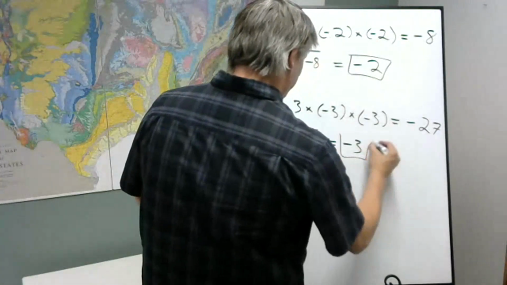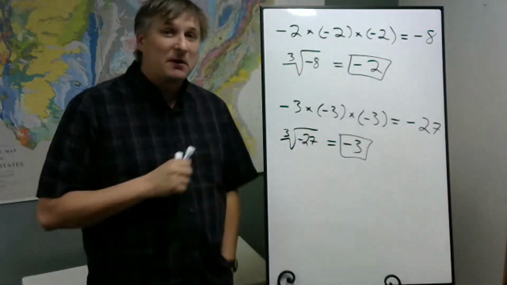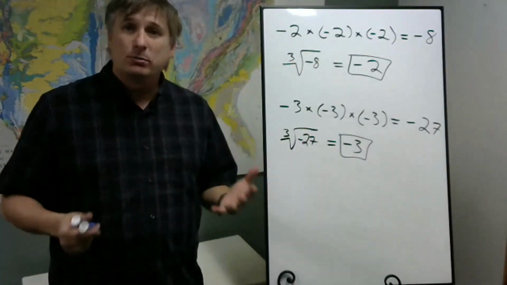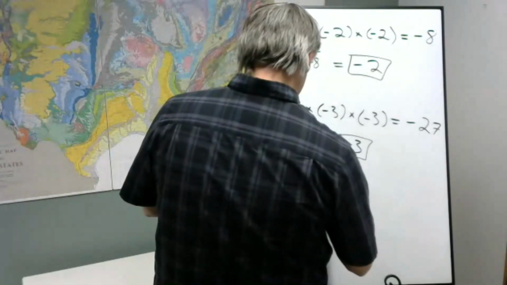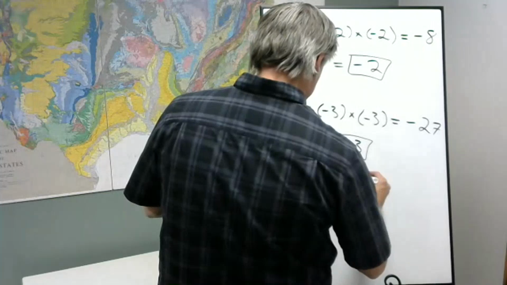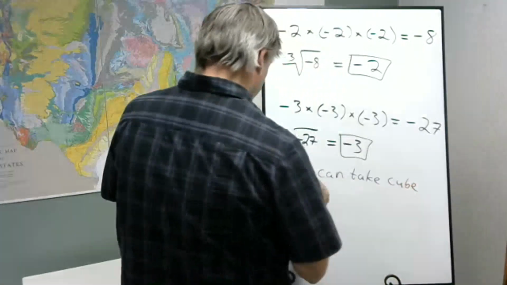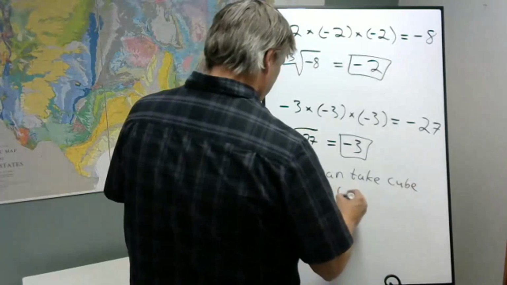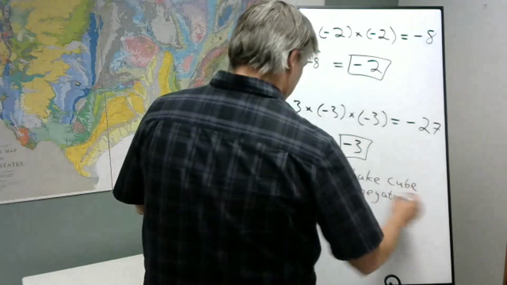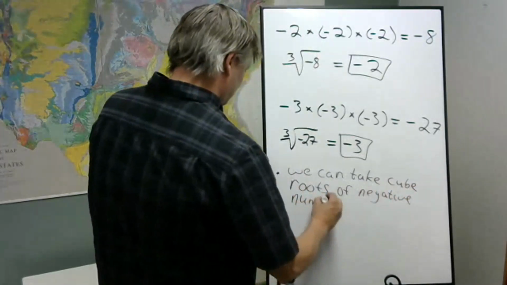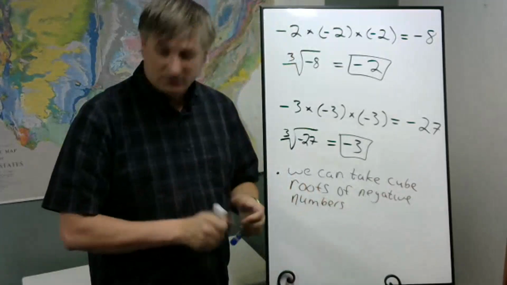We get a -3. So there we go. We can take the cube roots of negative numbers. So that is allowable.